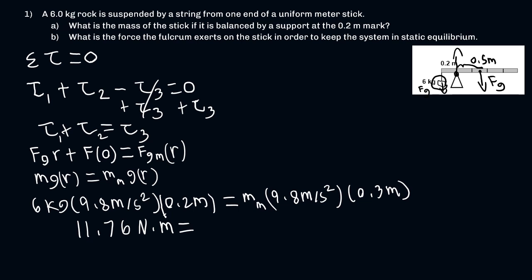What else do we have here? We have the mass of the meter stick, and then we have 9.8 meters per second squared times 0.3, and that is going to be 2.94.